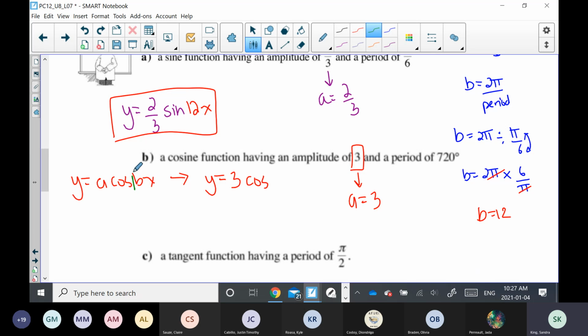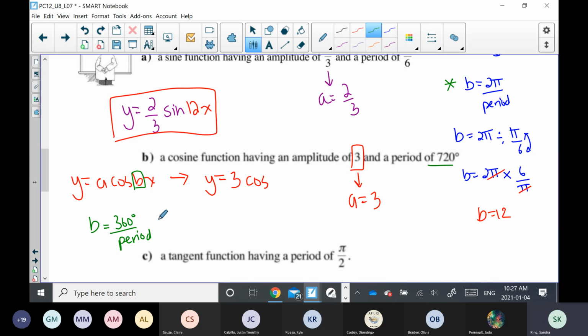Okay, so in order to get the B value, this is your formula, and it is 2 pi, which I'm not even going to do 2 pi because this has to be in degree mode. So what I'm going to do is say, instead of 2 pi divided by a period, it's going to be 360 divided by the period.